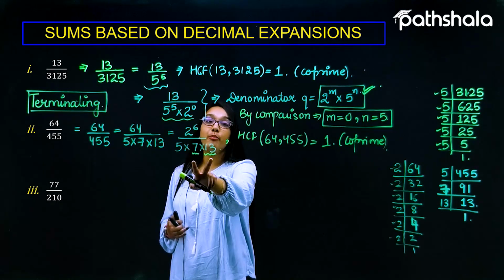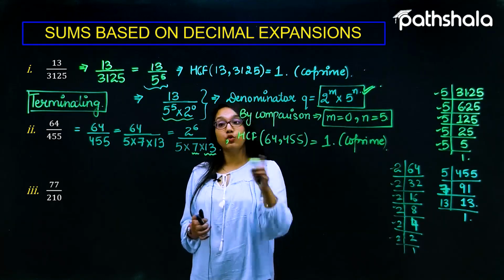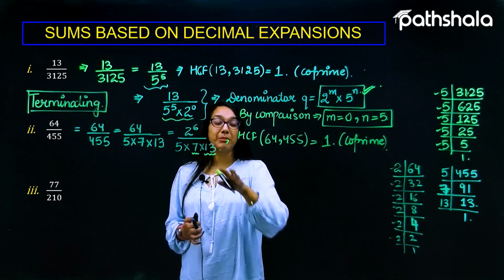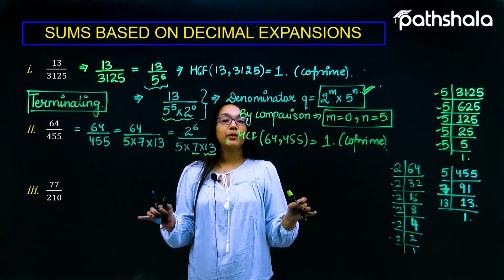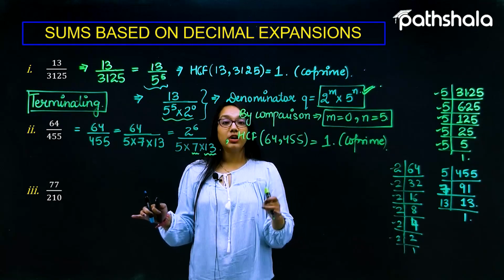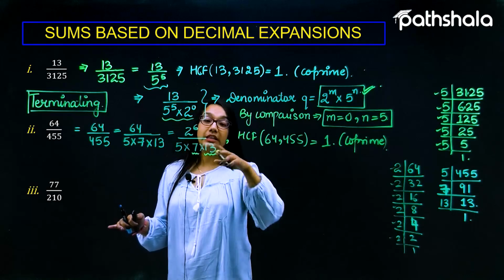So it has more than 2 and 5, it has 7 and 13 as well. So the second condition is not satisfied.